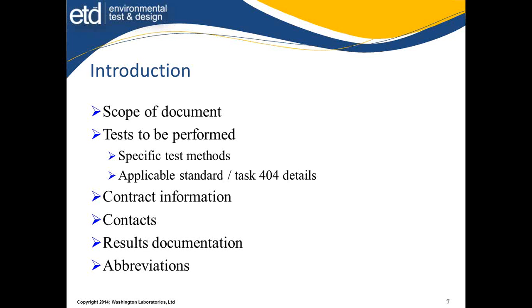Who to contact? We should develop a contacts list for the test program. The design, who's writing the procedure, how are we handling those situations, and how are we going to document the results of the testing. The abbreviations are used everywhere. The writing standards tell us to always define the abbreviation or the acronym.